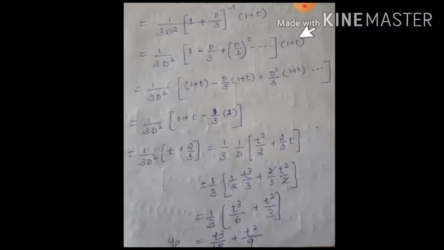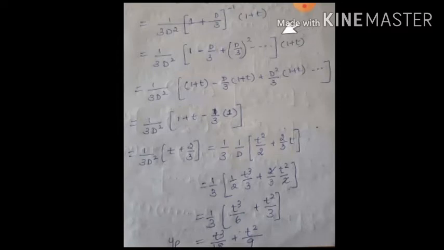So you see that the power of the polynomial function and the power of the differential operator should be the same. Till that you will get the value. If the power of the differential operator is more, then the derivative of that polynomial function becomes 0. So you don't need to waste your energy writing all those terms.